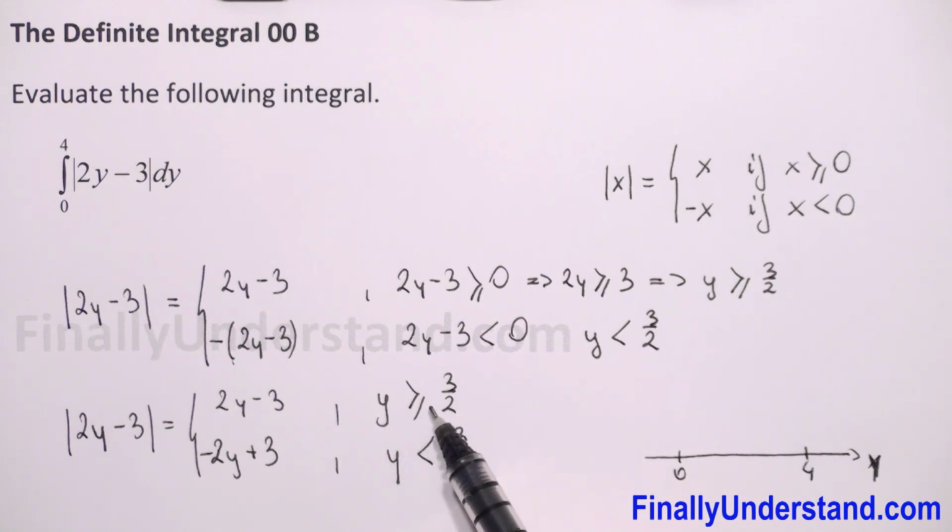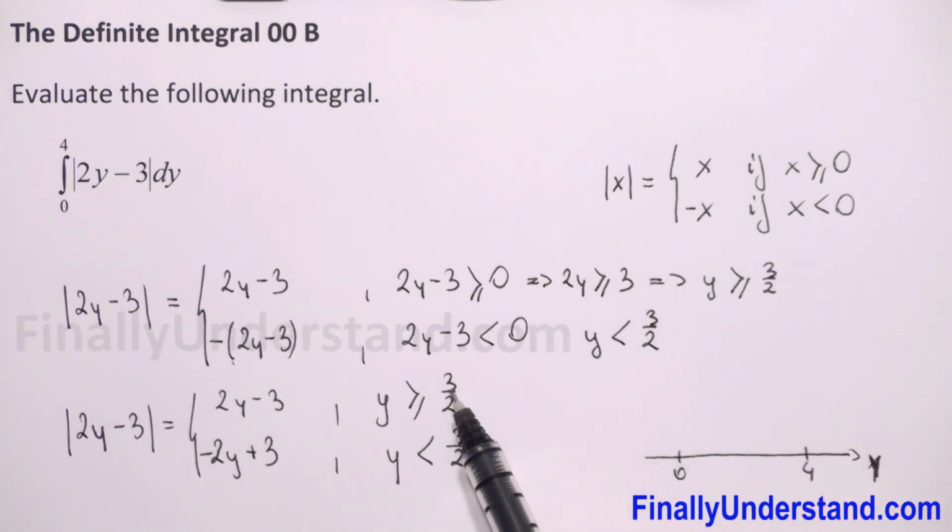For y equals 3 over 2, our expression changes. First, for y less than 3 over 2, we have our function negative 2y plus 3. And for y greater than 3 over 2, we have 2y minus 3.